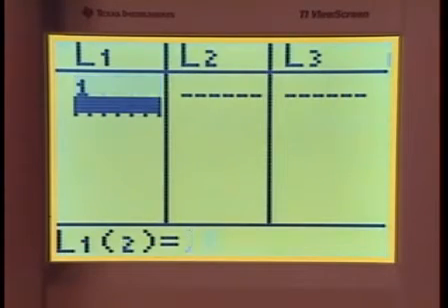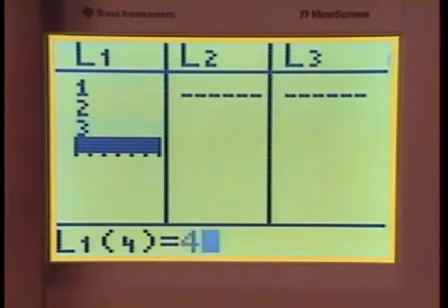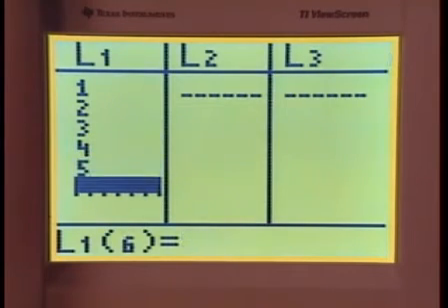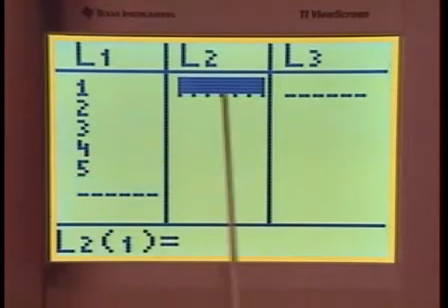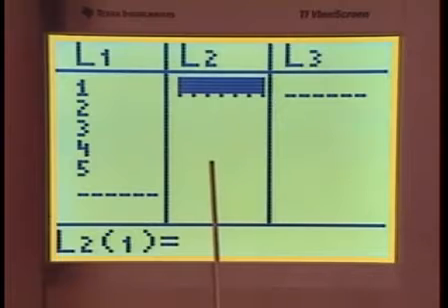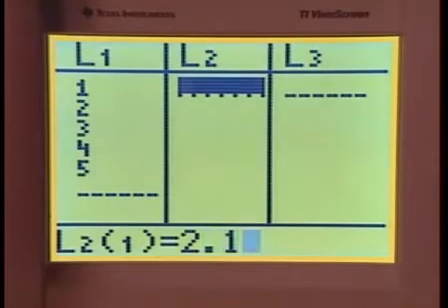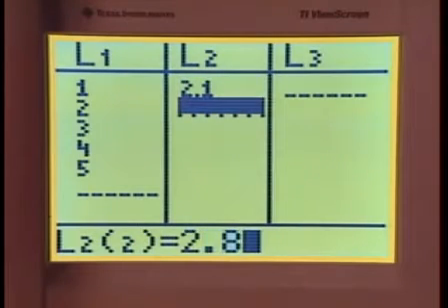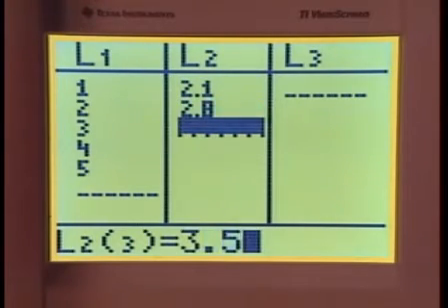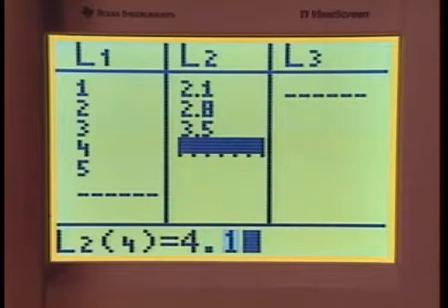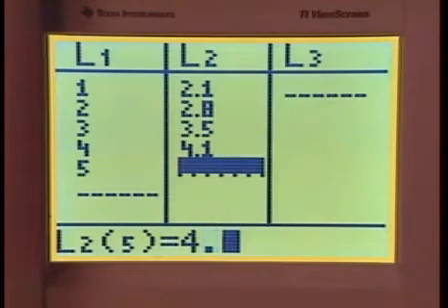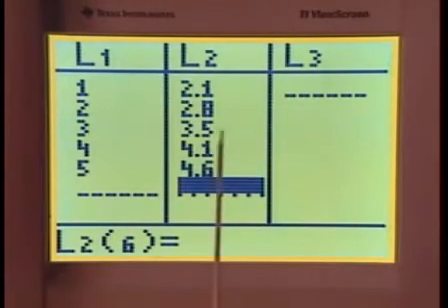So we had 1 drop, 2 drops, 3 drops, 4 drops, and 5 drops in our experiment. In L2, we'll put down the average diameters we computed together: 2.1, 2.8, 3.5, 4.1, and 4.6. Those are on the whiteboard, which are next to me.